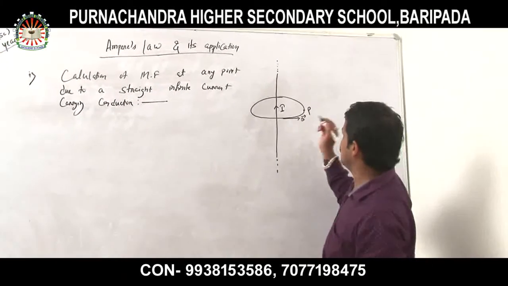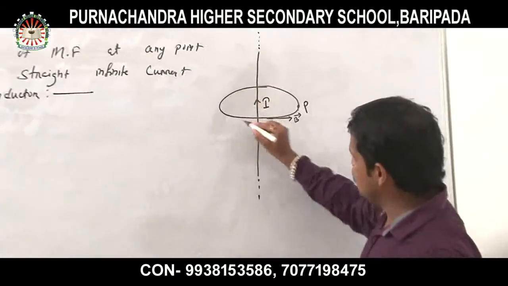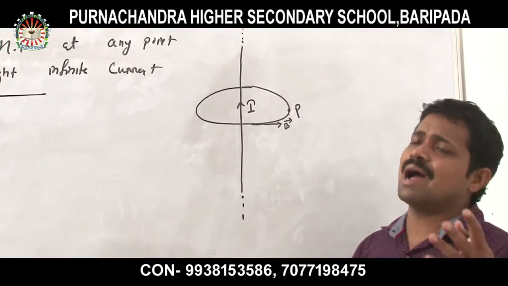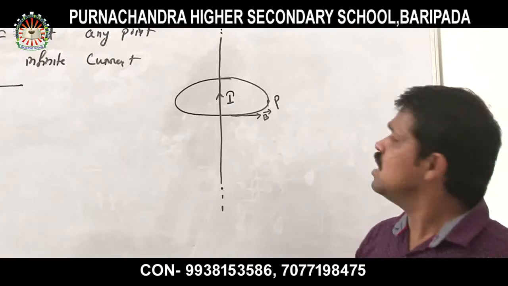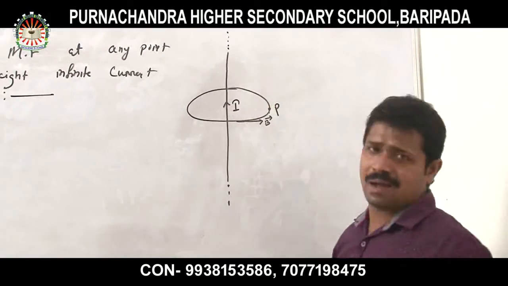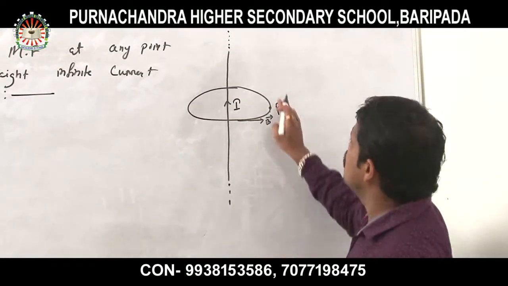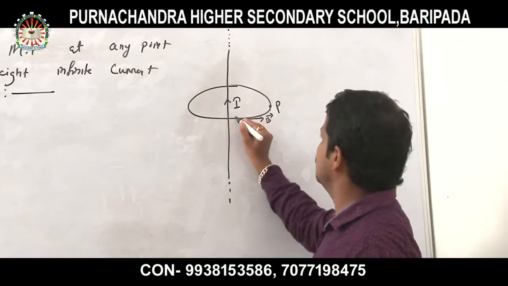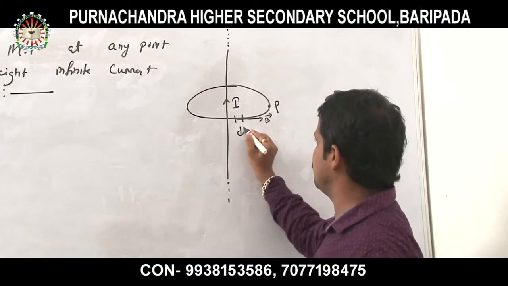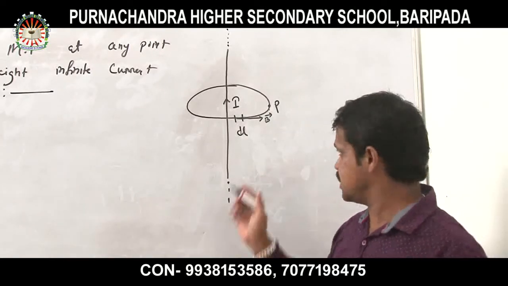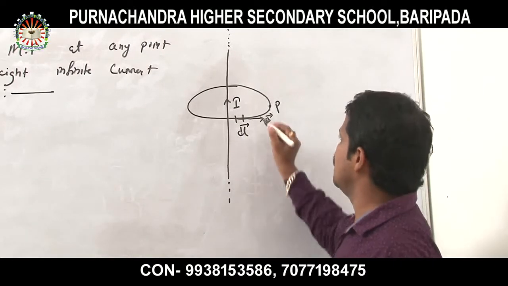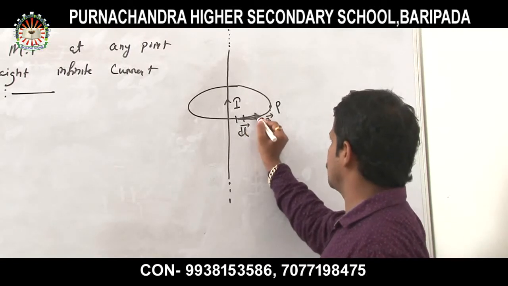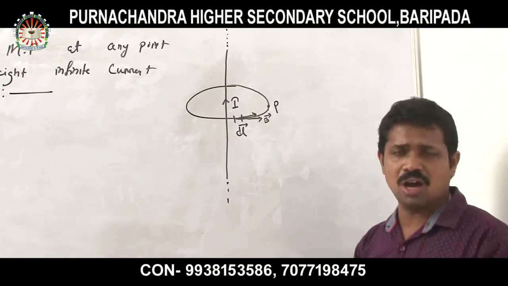Clear? Okay. Now listen very carefully. Suppose the total length of the loop, I will take as L. I cannot find the magnetic field due to the whole length, so let us take a small element dl, and the direction of dl is also in this direction.